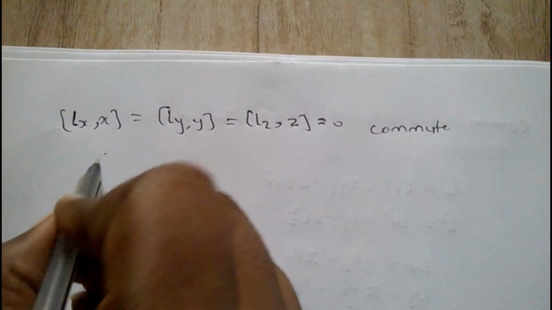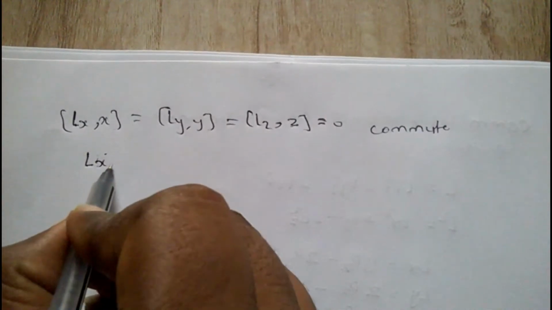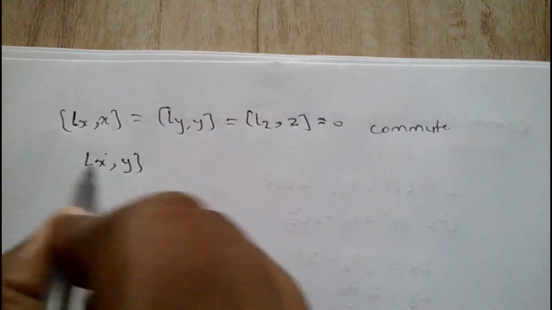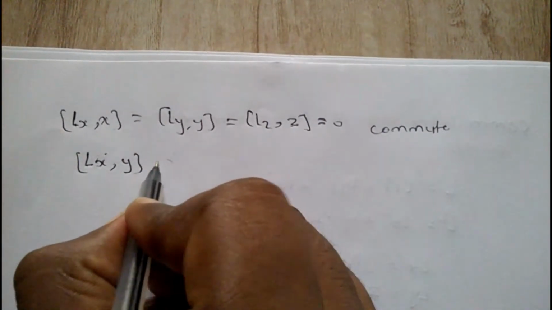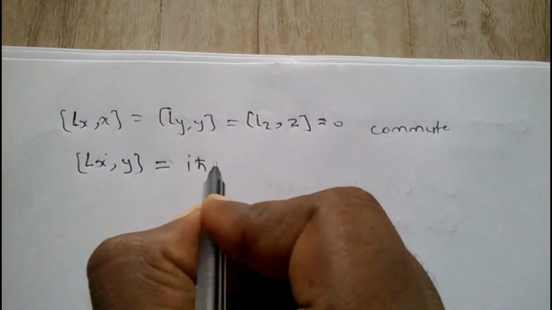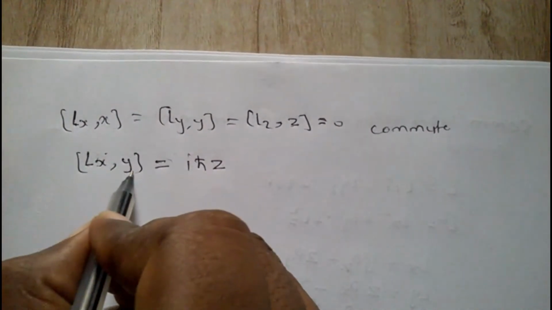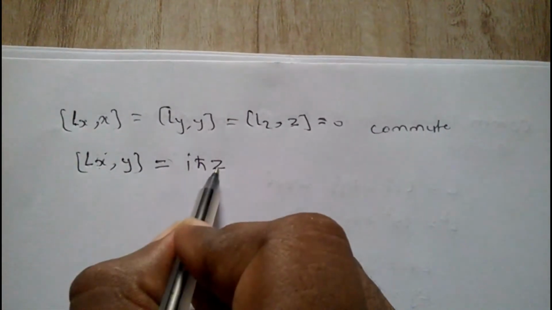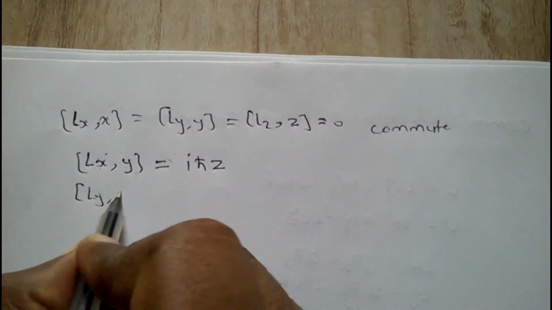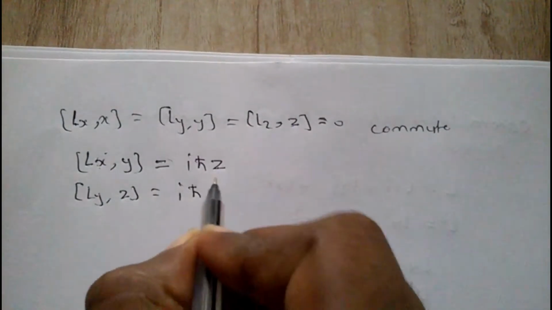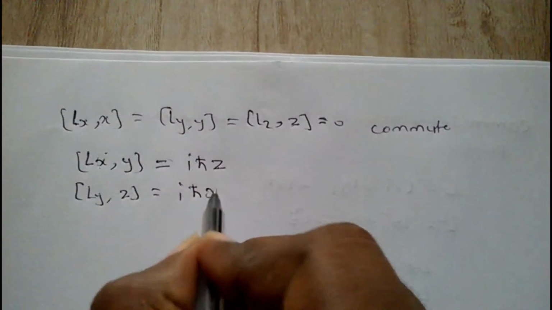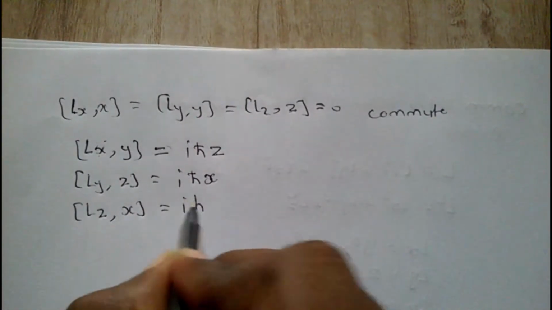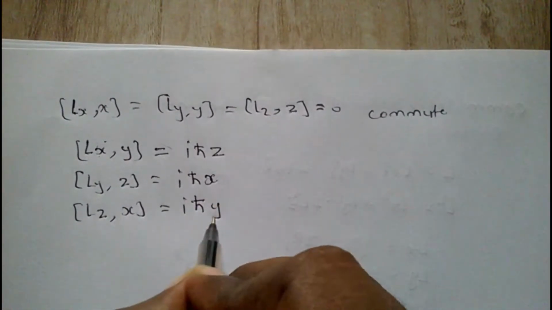Now I am writing the value for angular momentum with a different axis: Lx, y equal to i h cross z, means here Lx and y we have to write, then equal to i h cross, here is x, y, then here will be z. Like this, Ly, z equal to i h cross y z, here will be x. Like this, Lz, x equal to i h cross z x, it will be y.